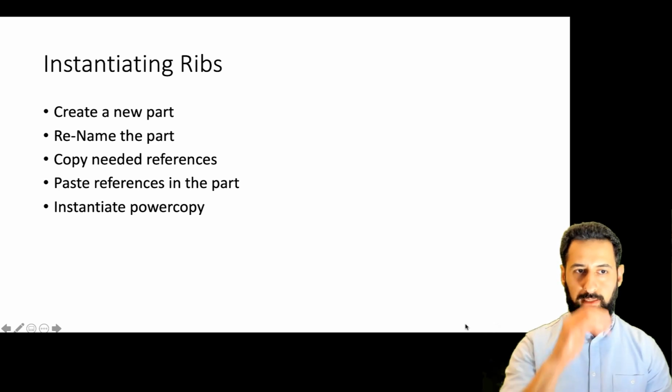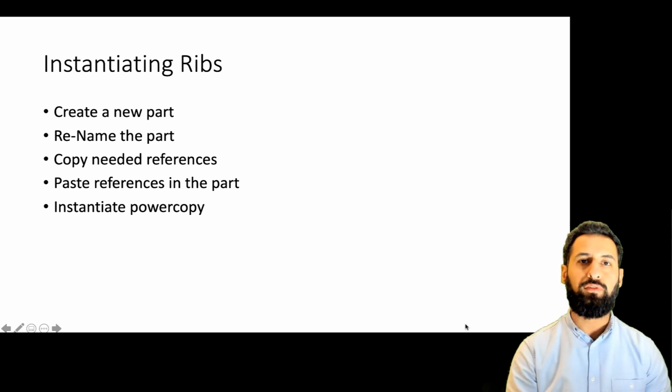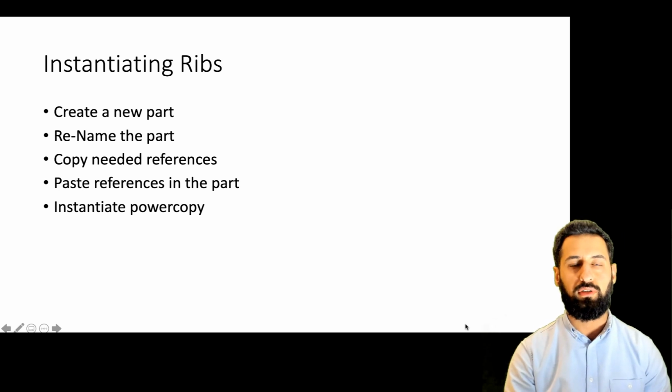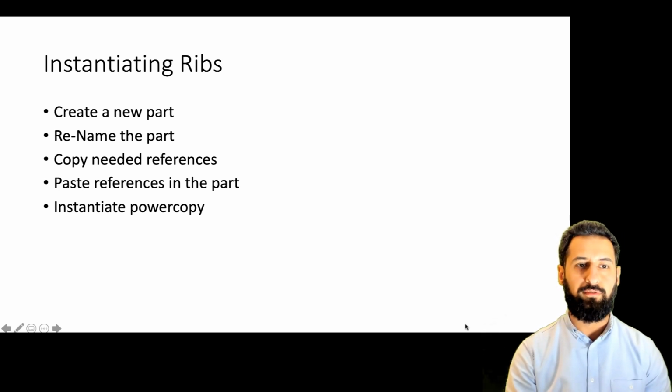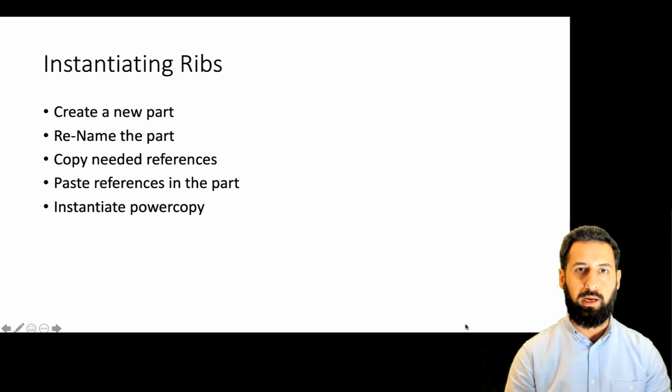We rename it and then we copy the references from another part in order to have references for our ribs to be instantiated within. For example, we need the wing surface and so on. After we copy the references, we have to paste them in the part. These are the steps you probably took when you did the wing tutorial back in the basic part of the course.